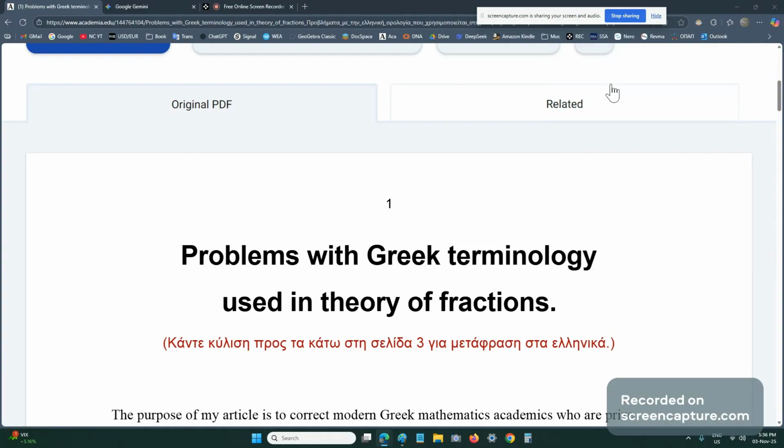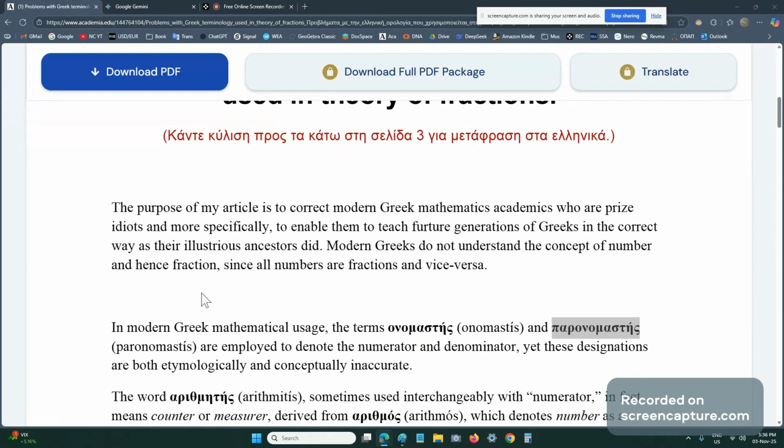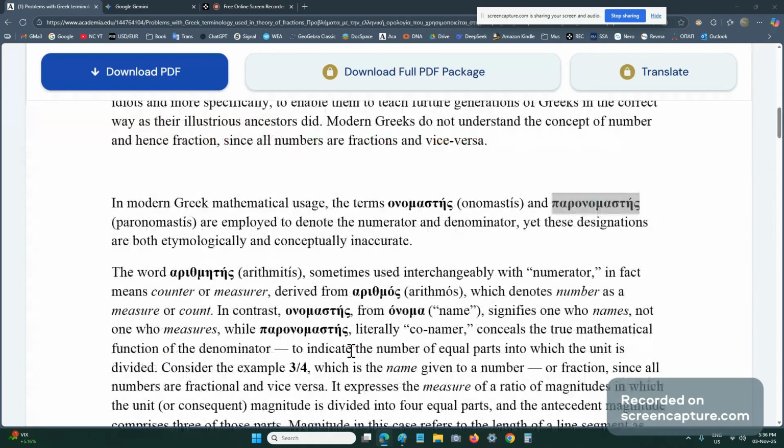So the words for numerator and denominator in Greek are onomastis and paronomastis respectively.